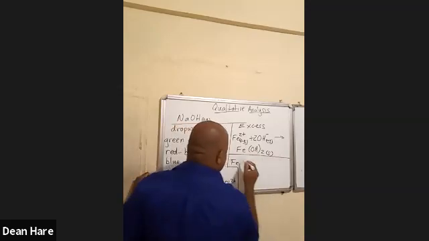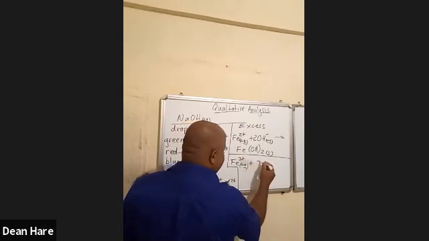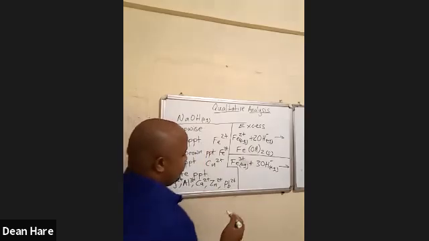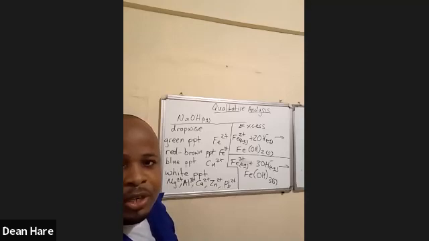Fe3 plus, always put your state symbol, plus 3 OH negative. And that would produce Fe(OH)3, solid. So if you're asked to write an equation, that is how you would do it.